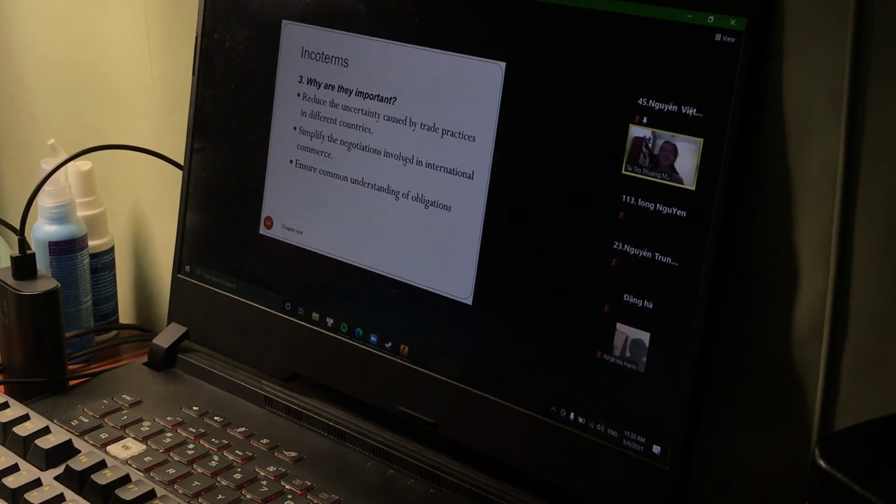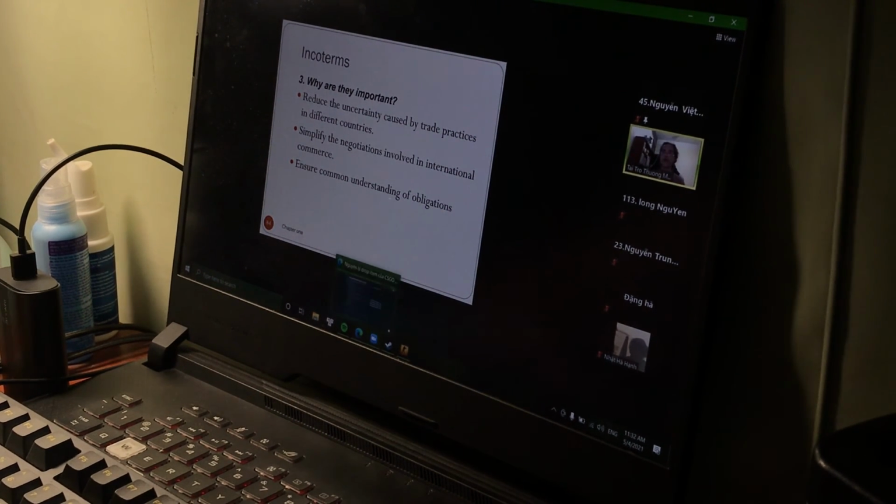We do not need to discuss who pays for insurance. It is very clear under the rule. So it is very good for you, good for me, because we have a common understanding of obligations.